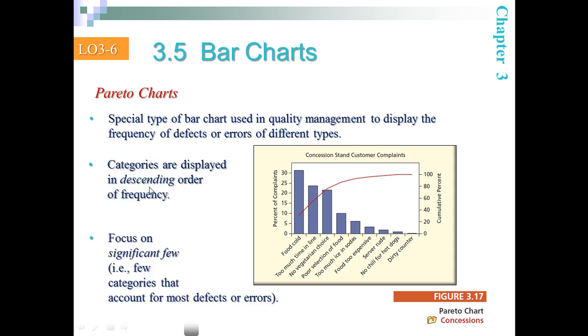So we've got descending order of the frequency, and this is generally when we're going to focus on a significant few in the front, and we don't really care too much about what's going on out here, or rather, what are the major players? It's these three here, and the rest of these are kind of minor in comparison.